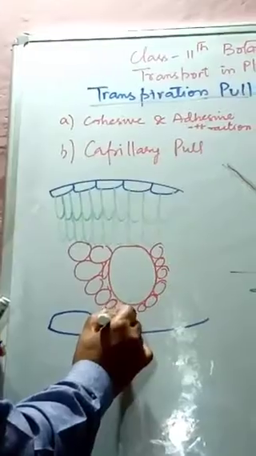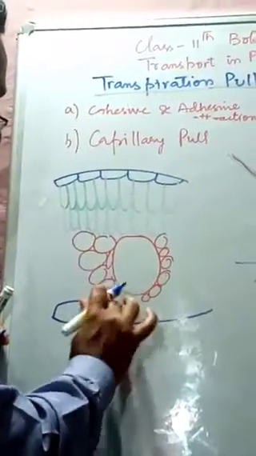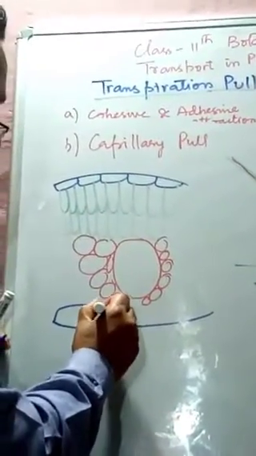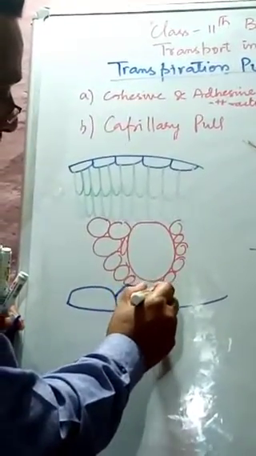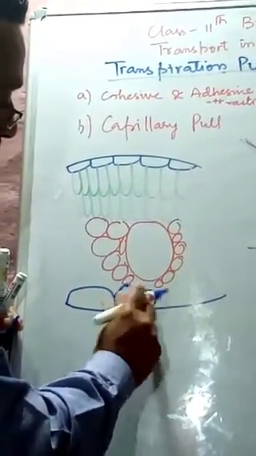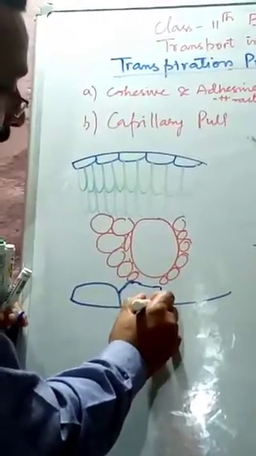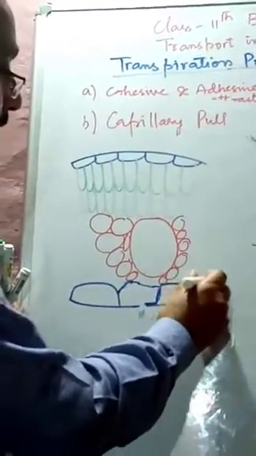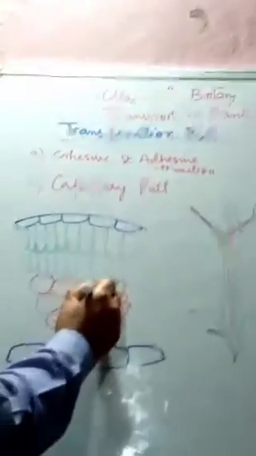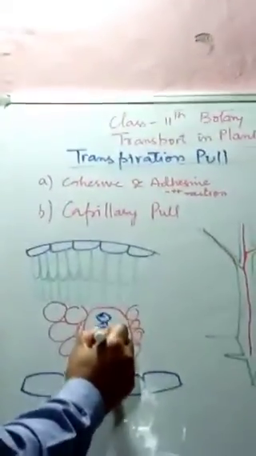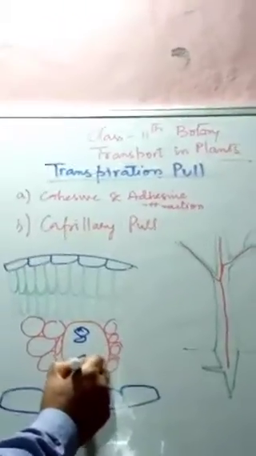In this lower epidermis there is this stomata. Again, these are xylem vessels, phloem vessels, and these are xylem vessels.